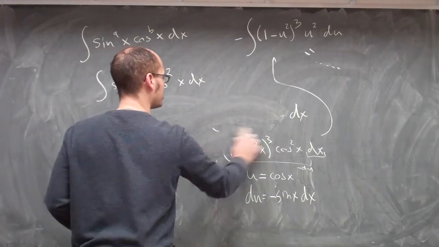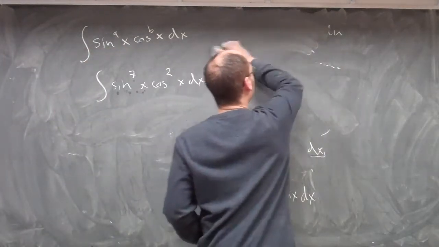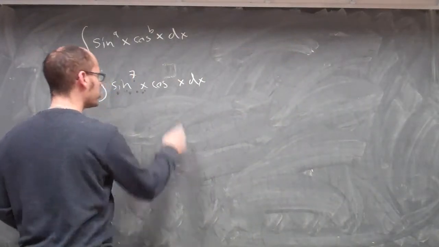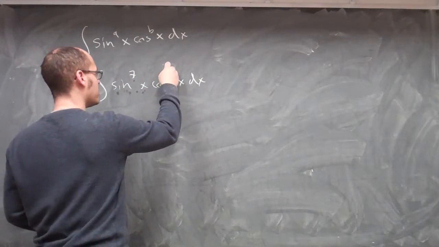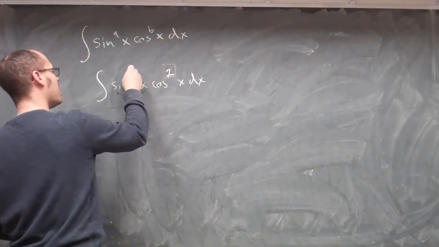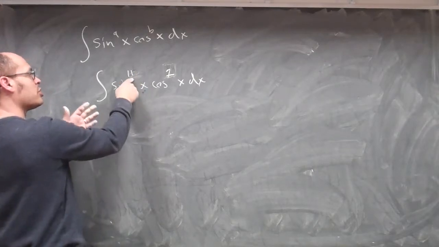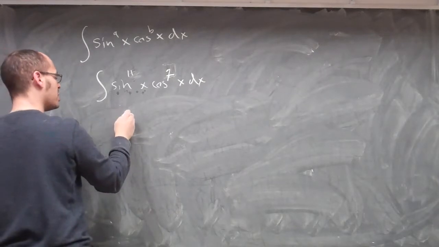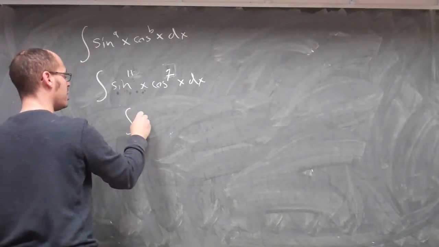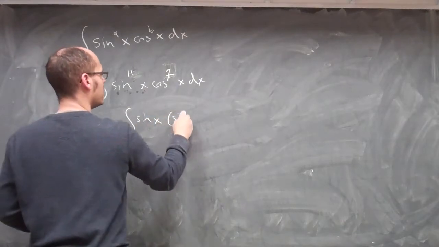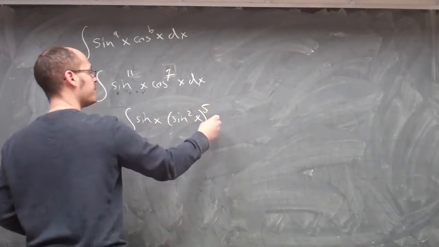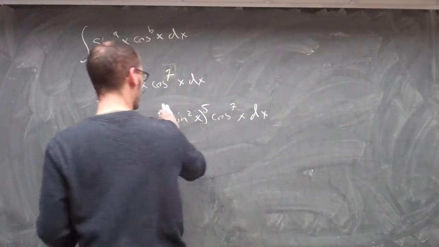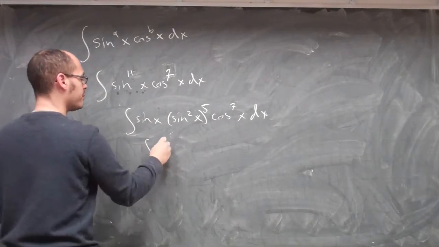If I were to change the numbers a little bit, you can see the same pattern will work. For example, this one doesn't matter, it could be 7 as well, but as long as one of them is odd, maybe if this one is 11, using this one being the odd one, then I could use the same strategy with this, breaking it up as a single sine and a sine squared to the 5th, and then taking this sine squared and rewriting all this stuff in terms of cosine.